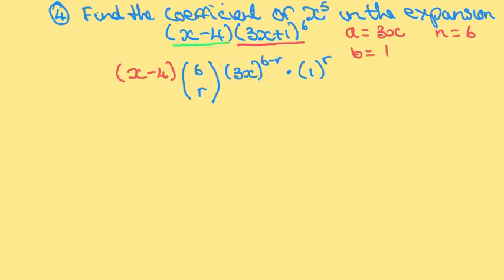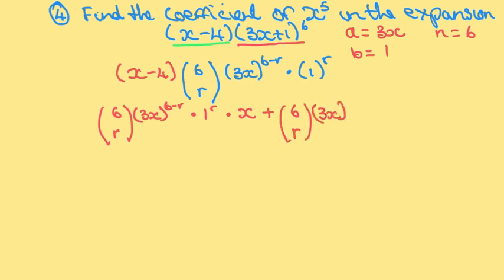Right, let's multiply out. So we get 6 choose r, 3x to the power of 6 minus r, times 1 to the power of r, times x, plus 6 choose r, 3x to the power of 6 minus r, times minus 4.